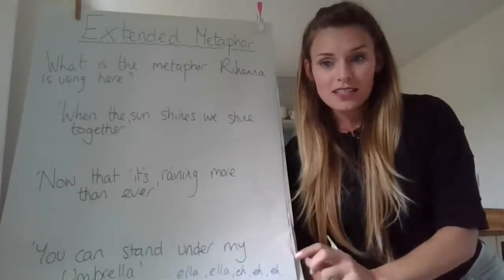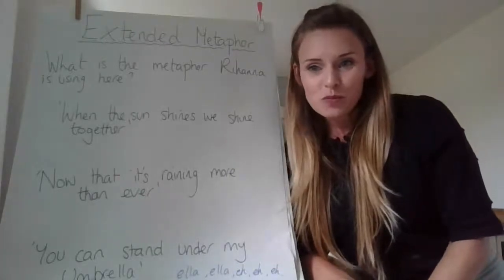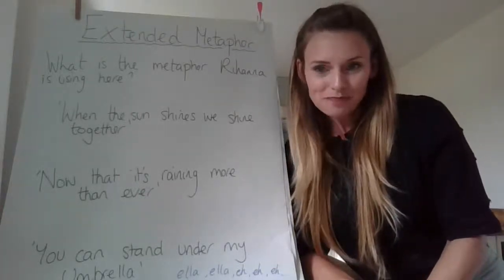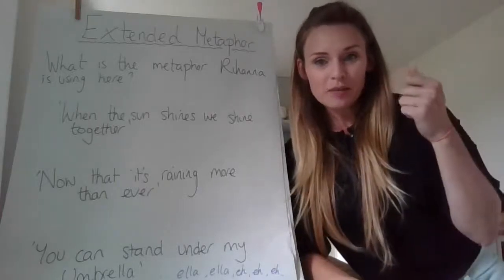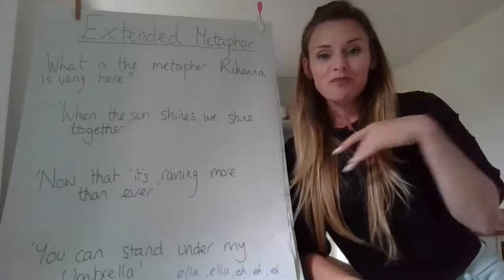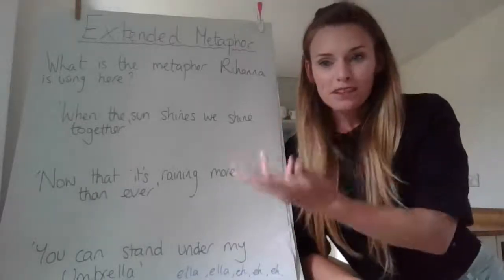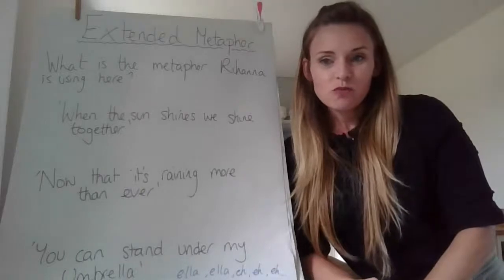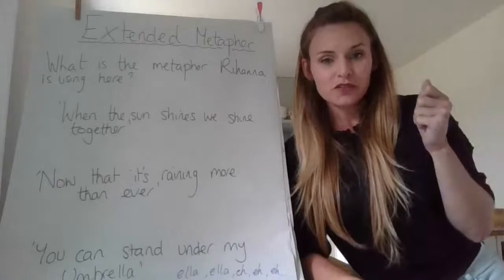Anybody got any ideas? If you could make a little comment in the chat, that would be fantastic. Someone say something. So if she's saying, you can stand under my umbrella, I'll be yours forever now that it's raining more than ever, Ella, Ella. What is that umbrella a metaphor for?